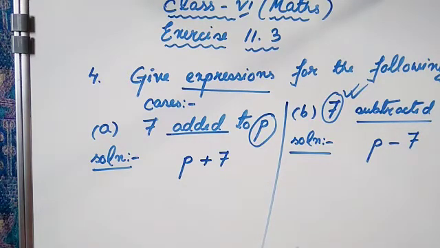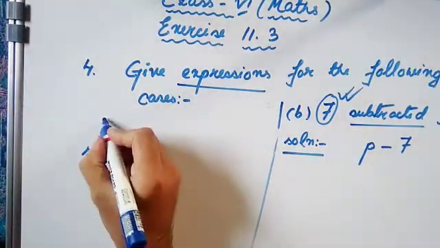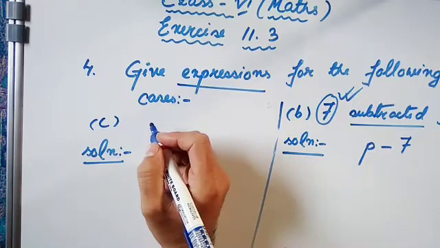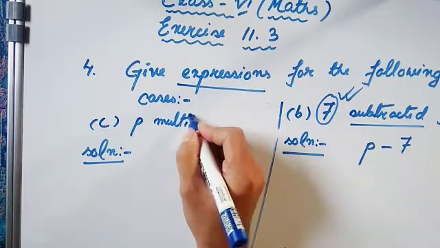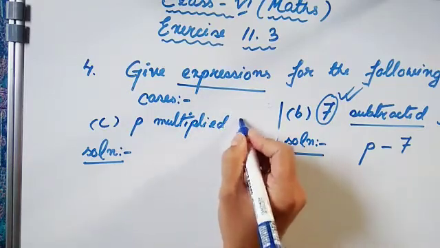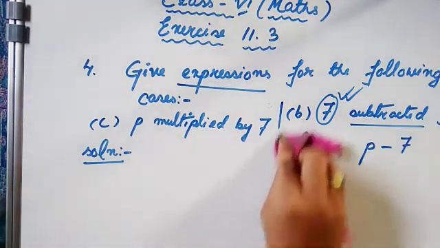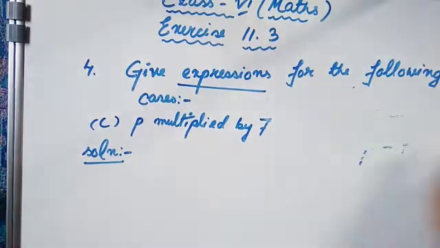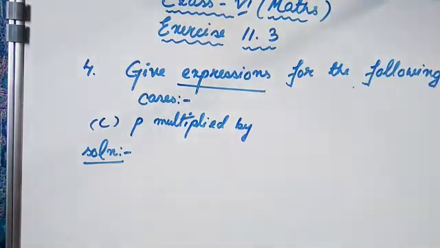Understood? Next, let's solve our next question, number C. Question number C says, P multiplied by 7. So here also, we have the variable P and a number 7, right?